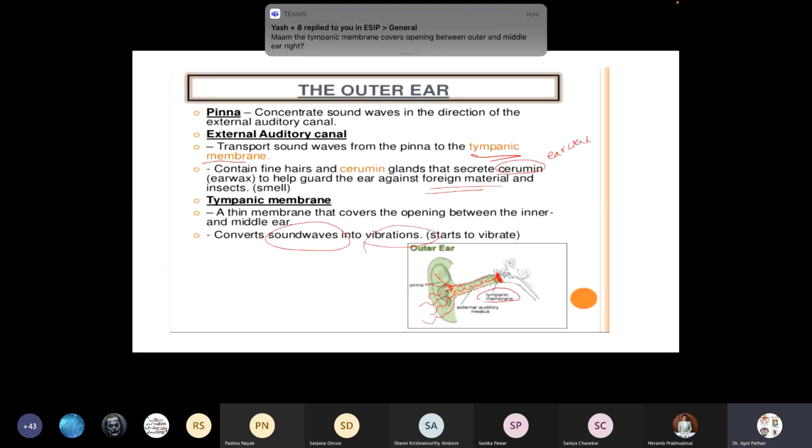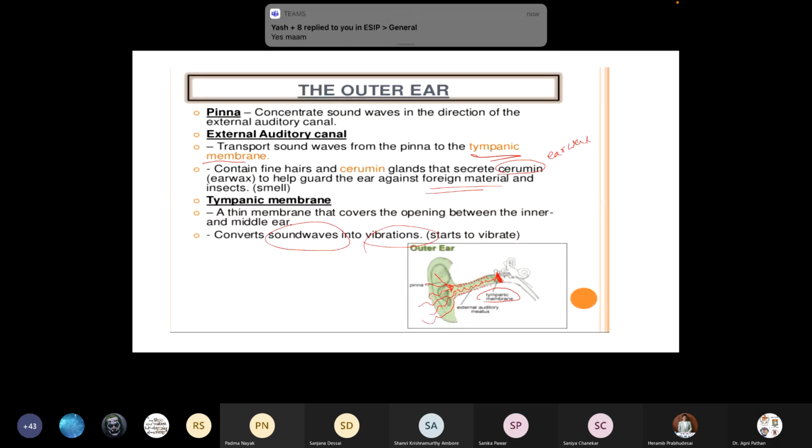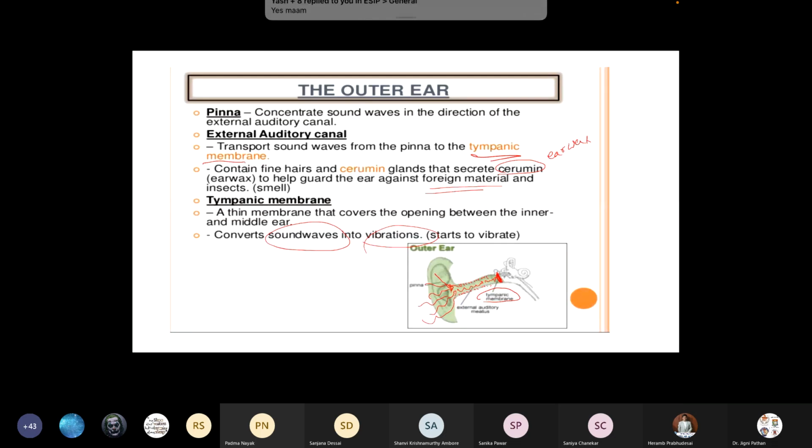Yes, it covers the opening between outer and middle ear. Clear, Yash? Please write down.